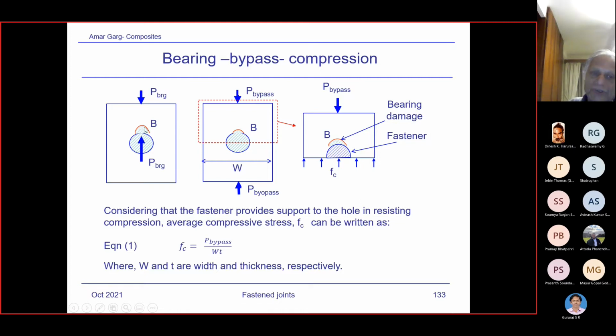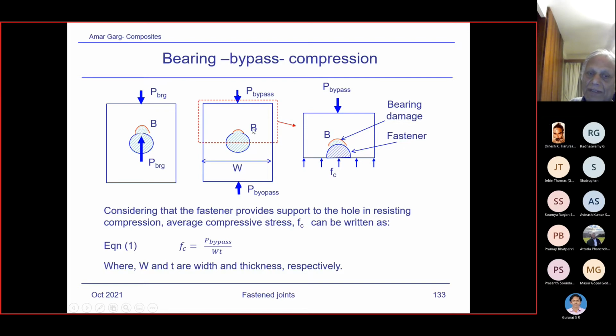Then this bearing stress is causing some damage over here, as you can see. And in bypass also, there's a fastener. The fastener is supporting the load. Unlike in tension, where the fastener doesn't do anything, in compression the fastener supports the load.